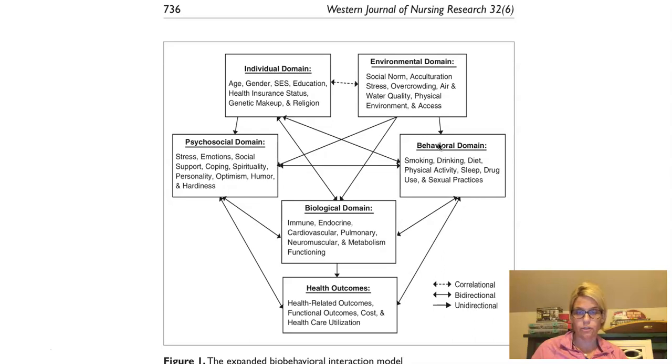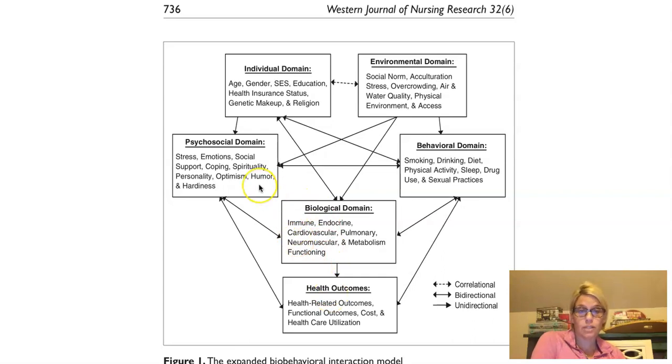One, it's your very first time doing something like this for most of you. And second of all, the course is not very long, so we really have to fit it within the boundaries of the course and the time and all of those factors. So again, I was able to just say psychosocial domain, biological domain, and health outcomes.